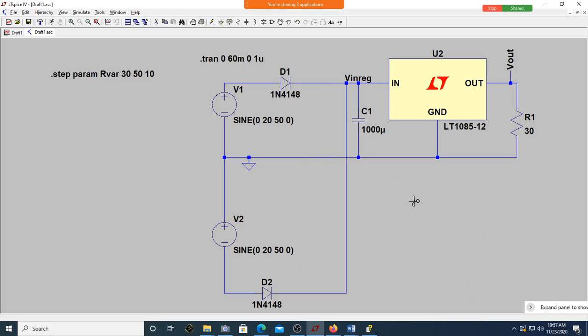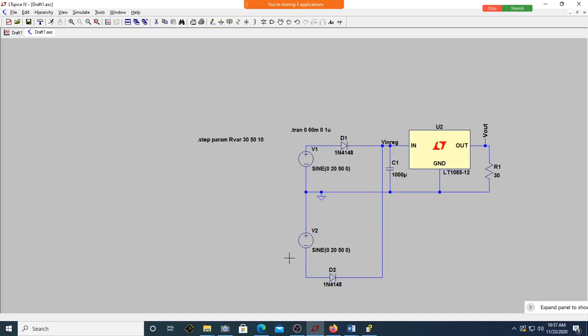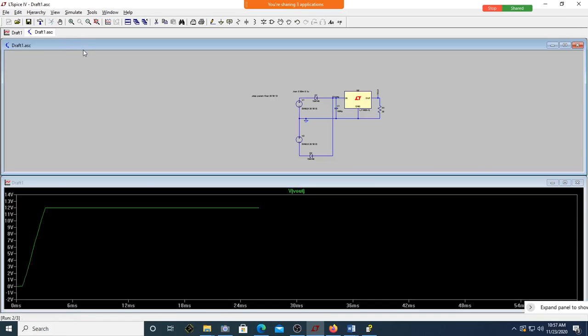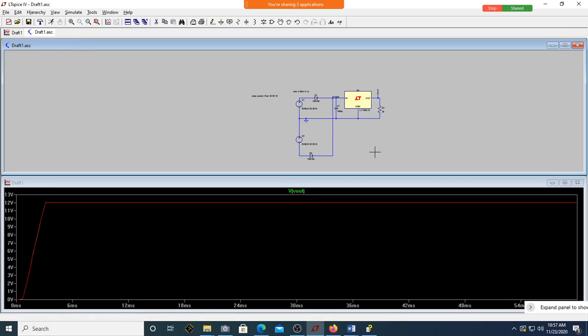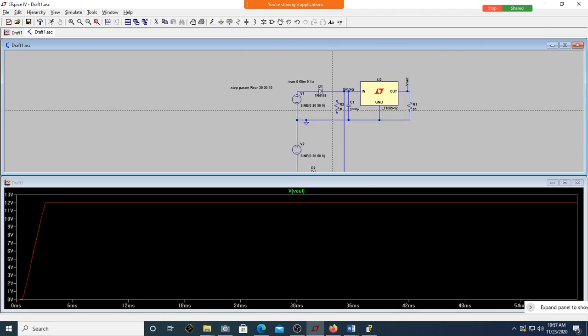Is this my full wave rectifier? This is the only connection that needs to be done. Am I correct? You can run it. Okay, we'll do stage by stage. We'll put a resistor. See that rectifier action.